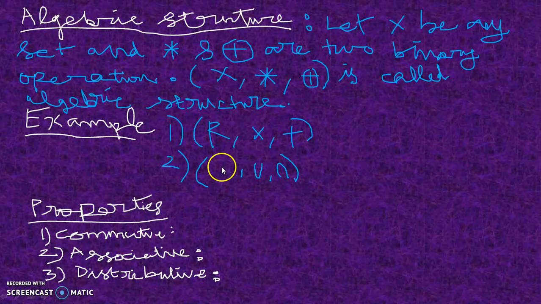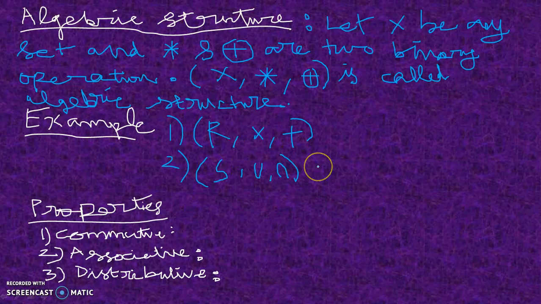I can take this as the universal set I am talking about. This is a union operation, this is an intersection operation. In that particular case, this is an algebraic structure. This is what we call an algebraic structure, because it satisfies some conditions that we will see later. But this structure is a good example for algebraic structure.